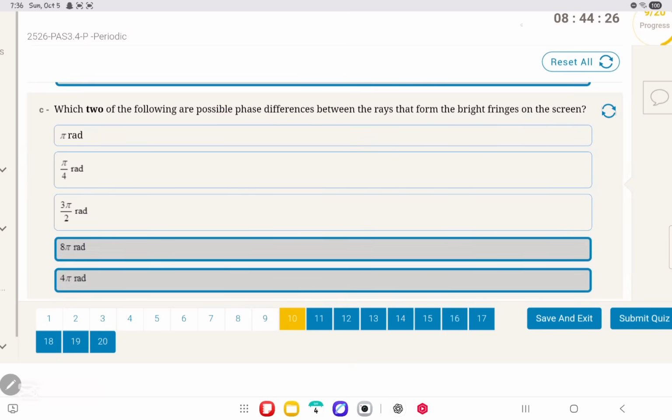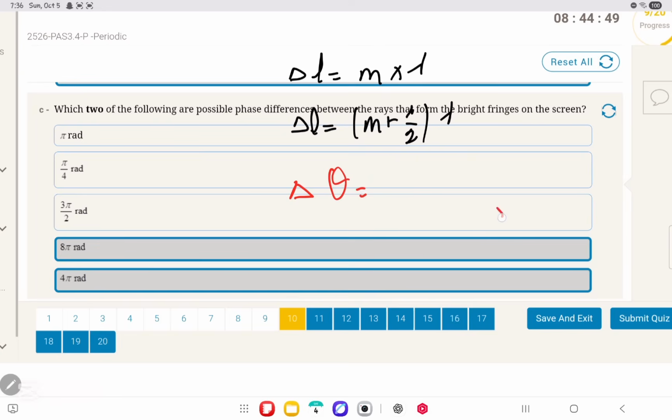So again, to find the path difference of constructive or bright fringes, it's m times lambda. To find the path difference of destructive, it's m plus half times lambda. Now, to find the phase difference, which is delta theta, it's going to be equal to m times 2 pi. This is of course for constructive, which is the bright fringes.